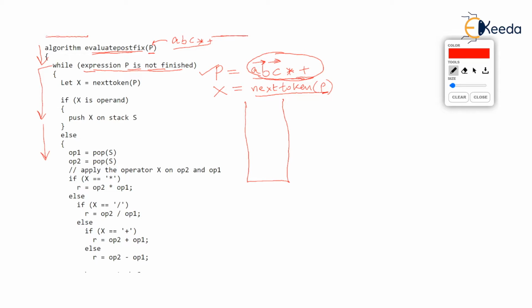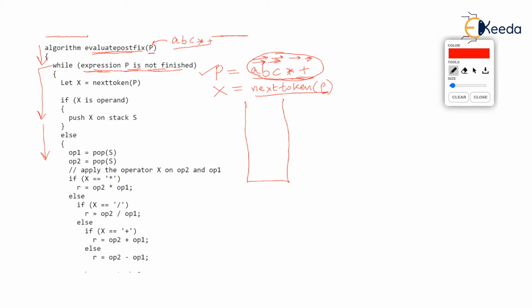We are scanning the postfix from left to right, and while scanning, we will come to the end of it someday. When we go past the last token, that is plus, this while loop will stop. So while expression P is not finished, continue.